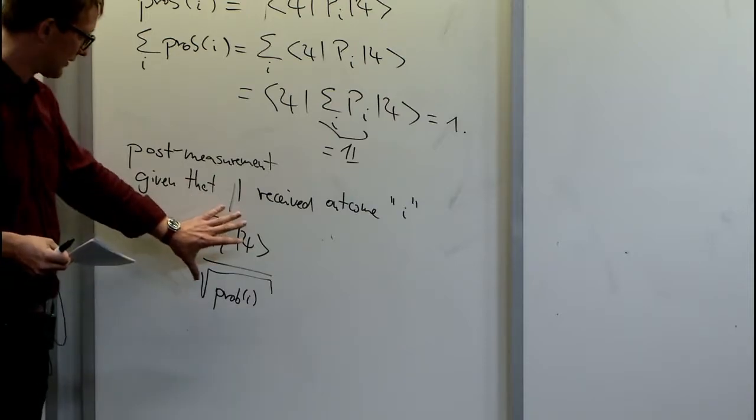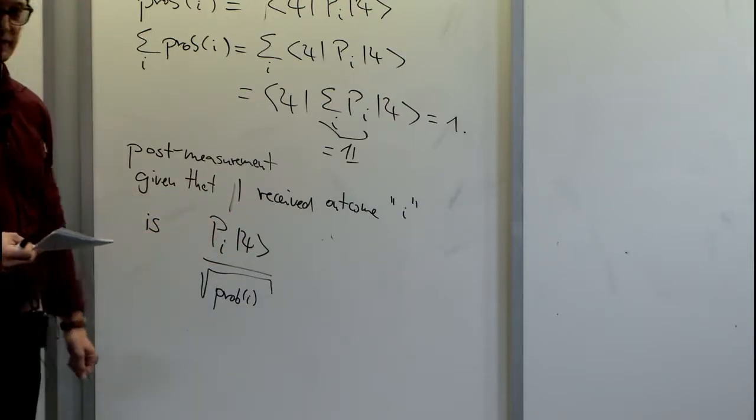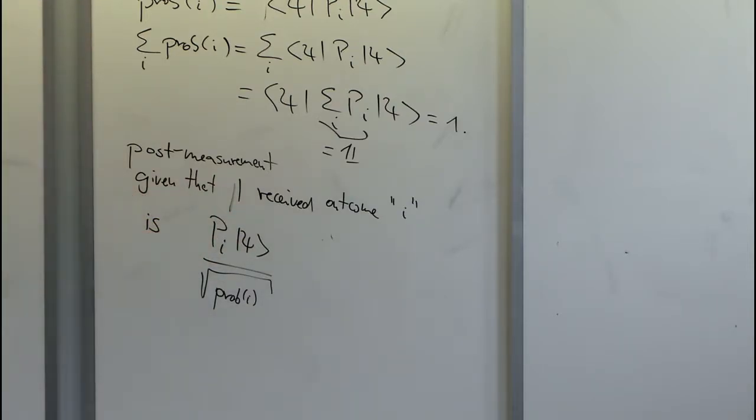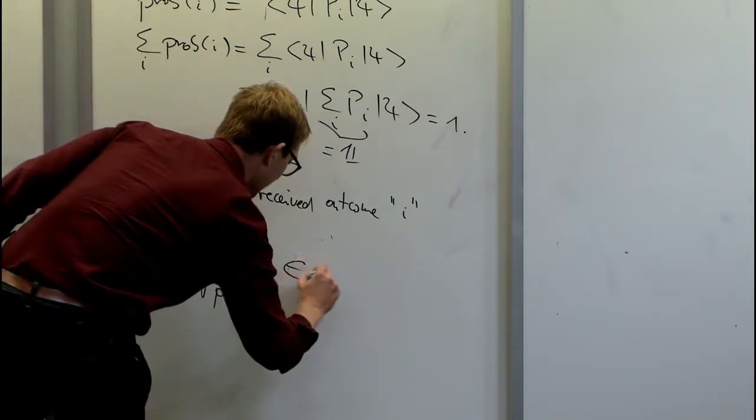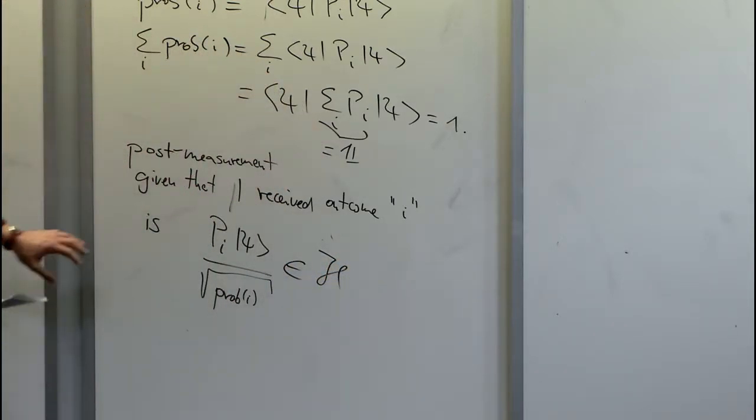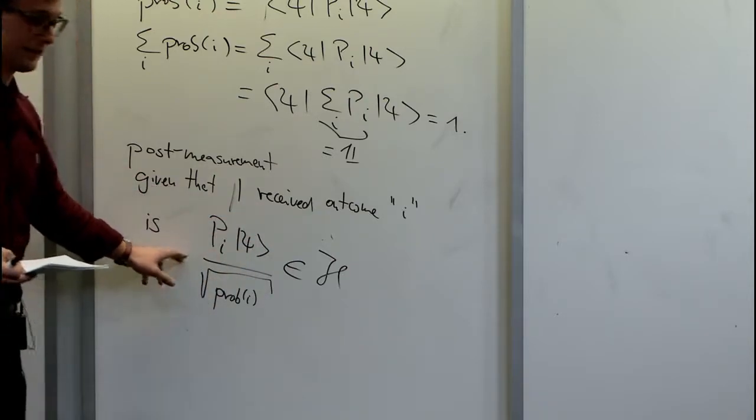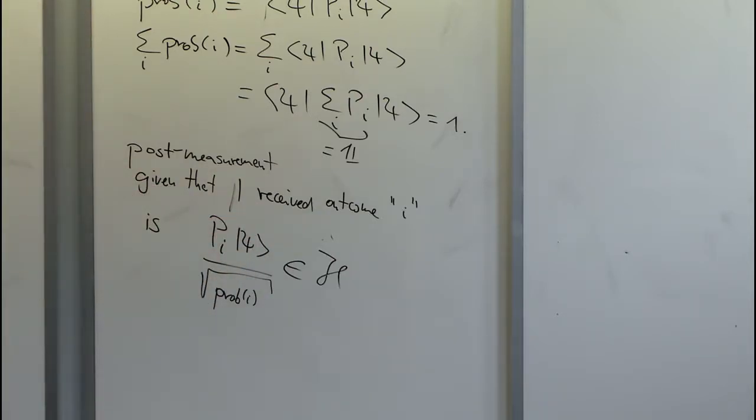This is evidently some vector in the same Hilbert space we started with, so it lives in H. You can also convince yourself that it again has norm 1, because I divide by this probability. Of course, I don't define this if the outcome has probability 0.